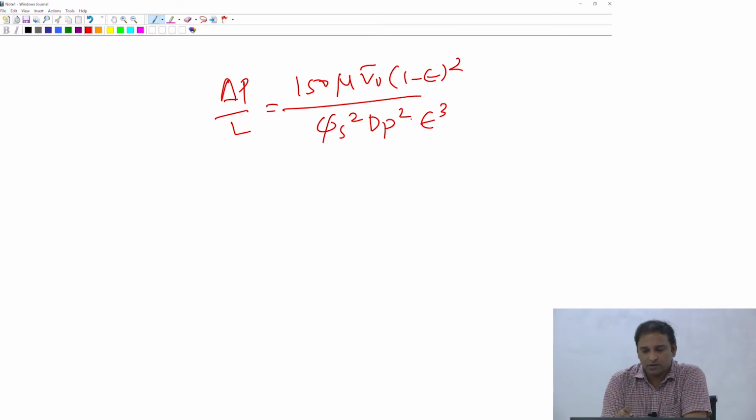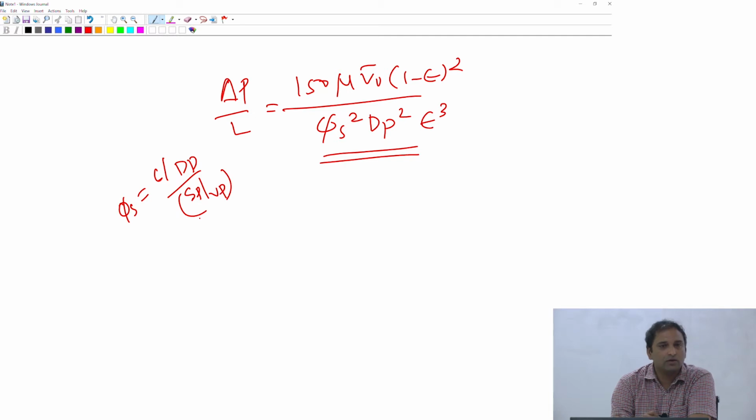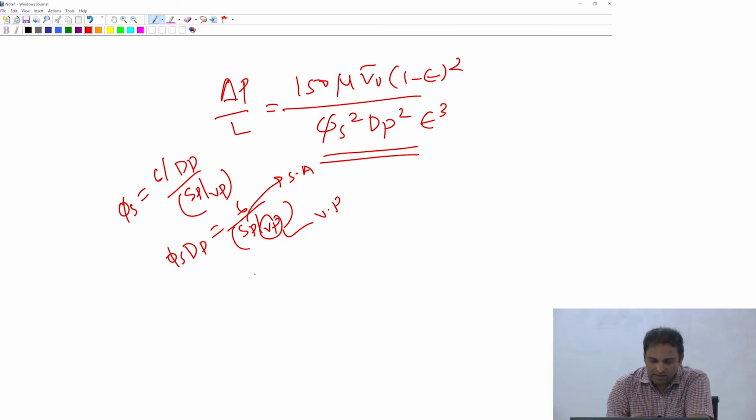Now if you look at this, your phi s square into dp, I'll go back to the definition of sphericity, where we said your phi s is 6 by dp divided by Sp by Vp, right. Therefore your phi s into dp is going to be 6 divided by Sp by Vp, where Sp is the surface area of the particle and Vp is the volume of the particle, right. Now I can write this as 6 divided by Sp into volume.